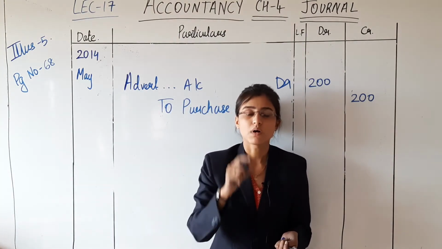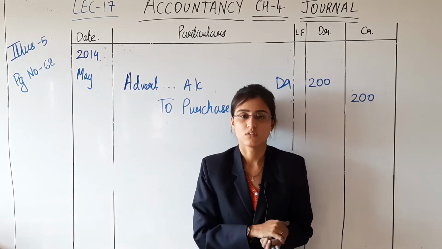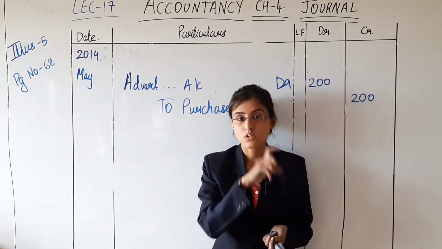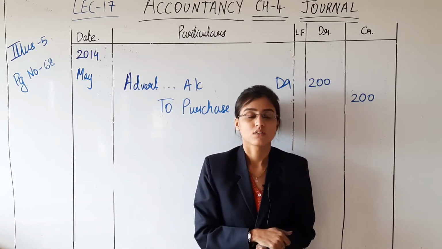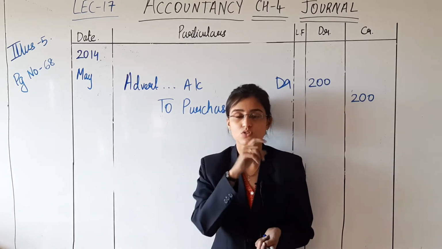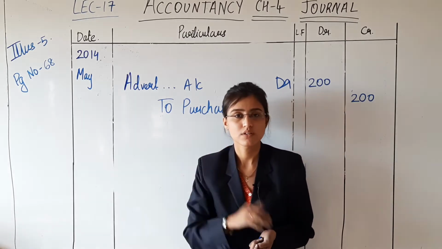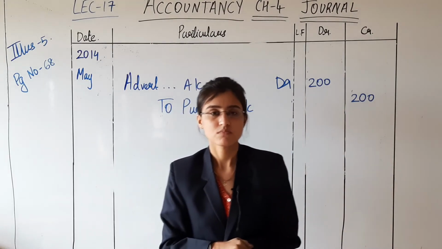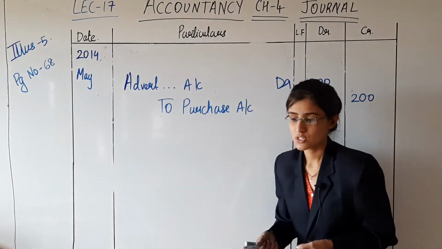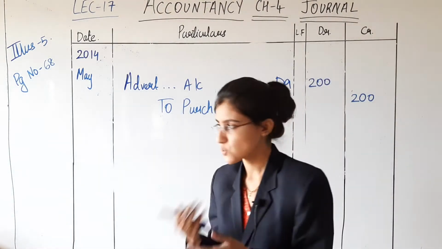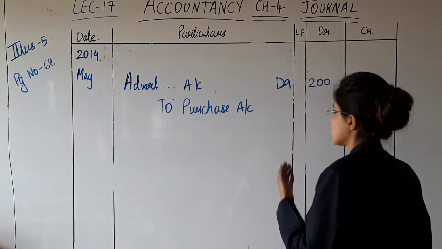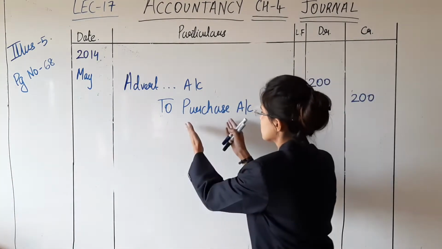So loss by rain account debit 400. What is the total loss of goods due to rain to purchase account? 600. Simple. So here we finish illustration 5, which was about the transactions related to purchase account.